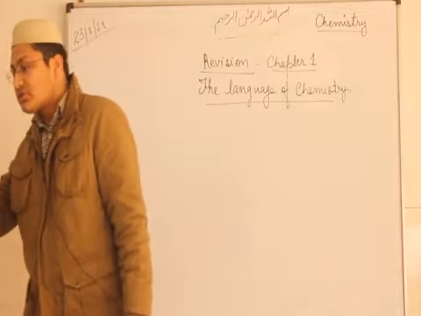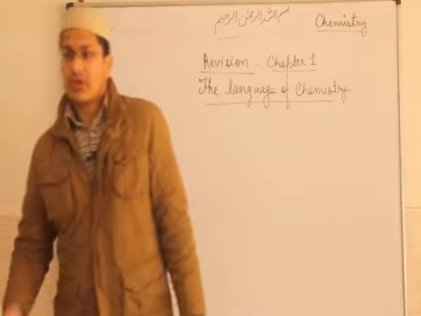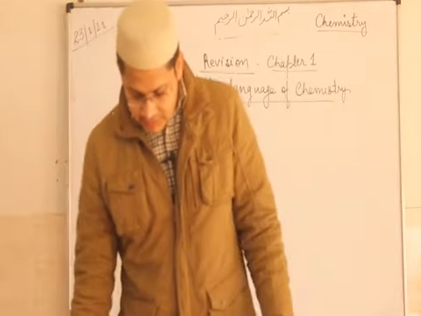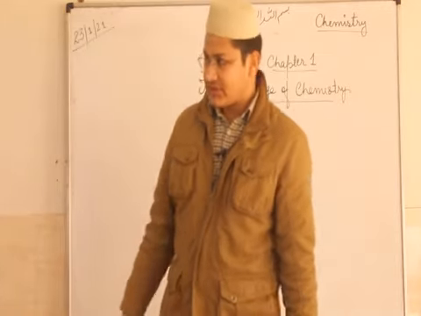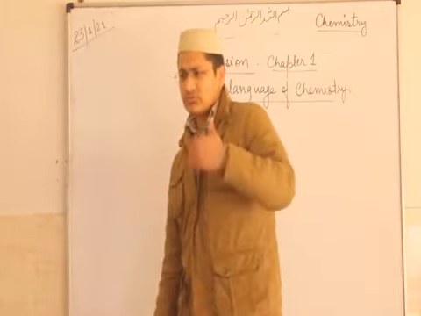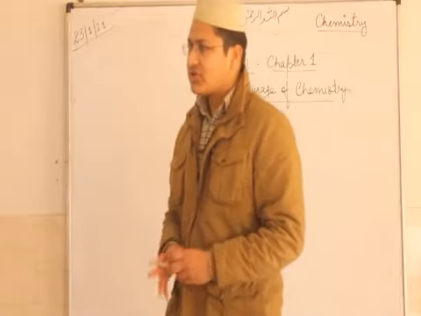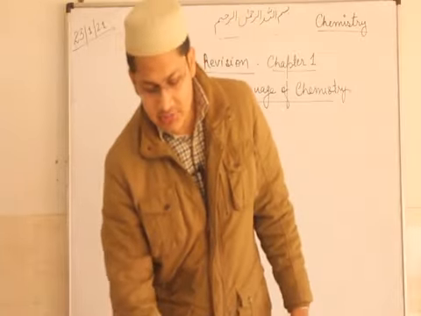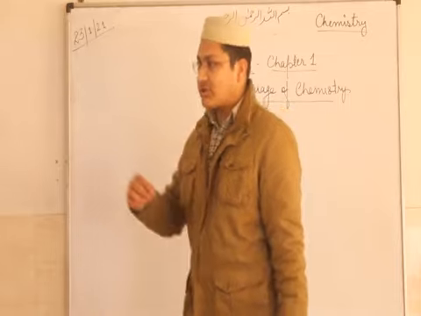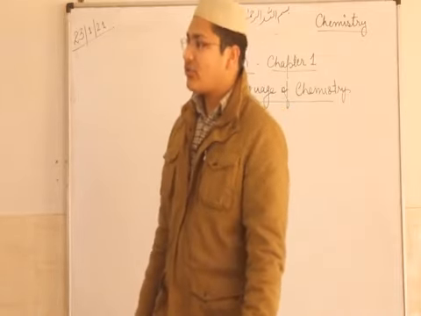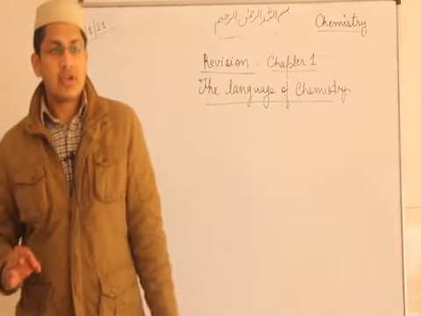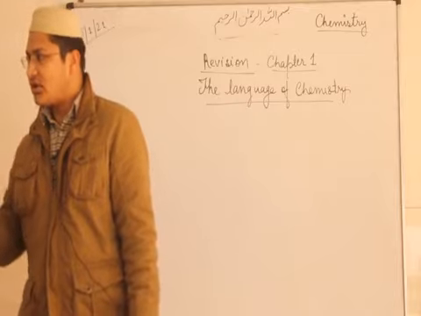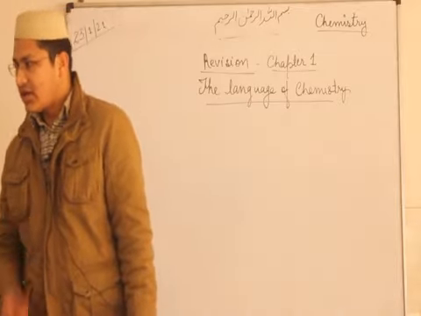So chemists earlier used graphic symbols, but it was not so effective. So later on they moved on to symbols. Earlier, they took the first letter of the English name of the element.